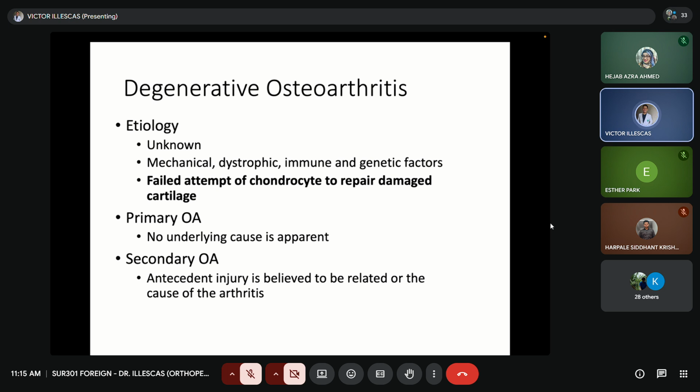This may be subcategorized into primary, wherein the osteoarthritis has no underlying cause, and secondary, wherein there is an antecedent injury, probably because of a previous accident that led to post-traumatic arthritis or an infection that led to post-infectious arthritis.